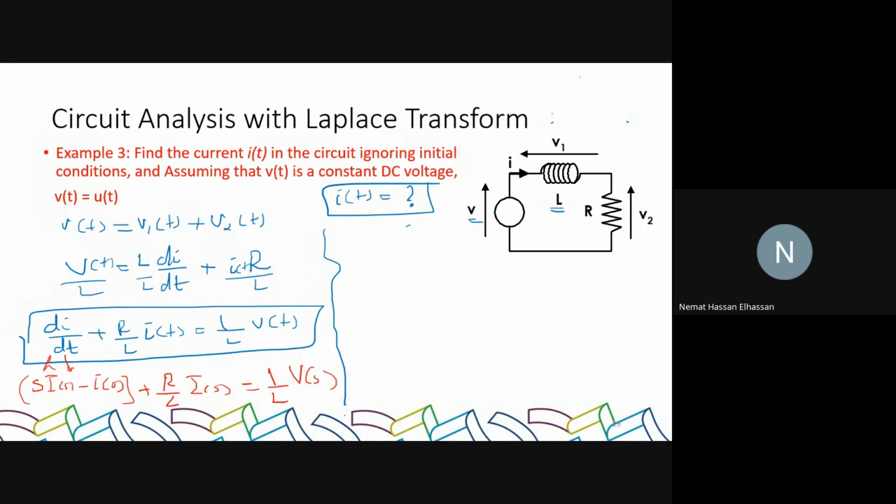If it's called f of t in the time domain, it will be called F of s in the frequency domain. Make sense? Are we clear so far? Any questions up to this point?